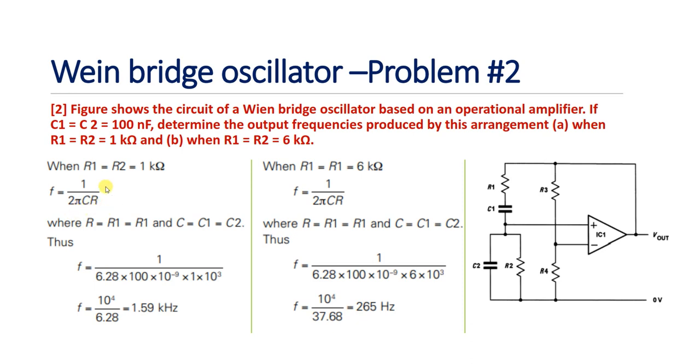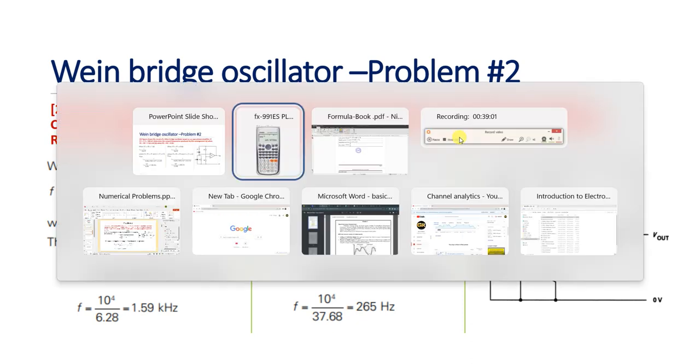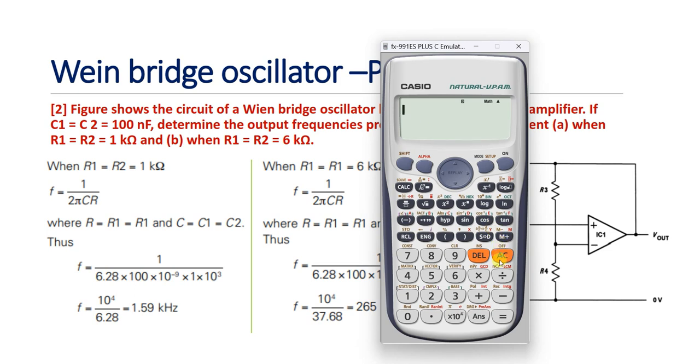So C is given, R is given. First I will do 2 into pi into C, which is 100 nano, into the R value. First case, R value is 1 kilo ohm, 1 into 10 power 3, is equal to. This is the answer in the denominator.